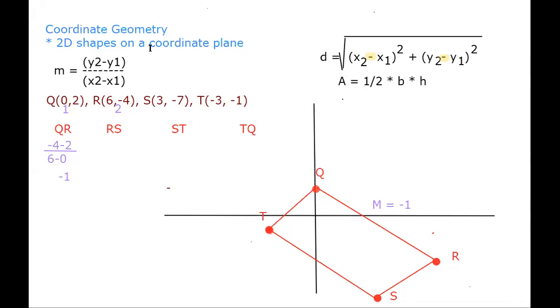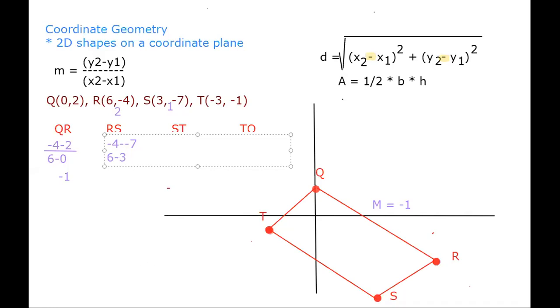Okay, RS. Let's say RS, we'll use R as point number 2 and S as point number 1. So RS. So we've got y2 minus y1, -4 minus -7 over x2, that's 6, minus 3. So we'll put that in our calculator.